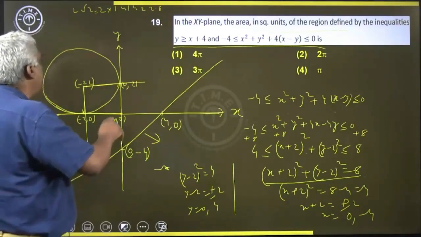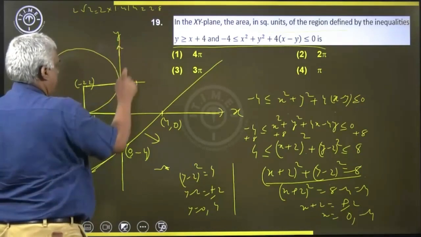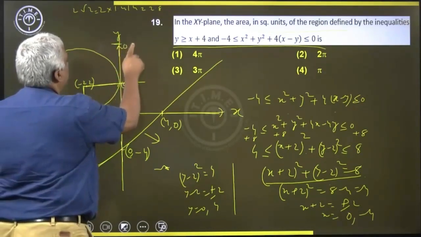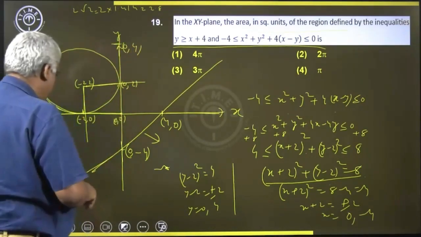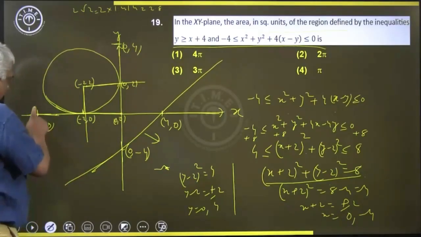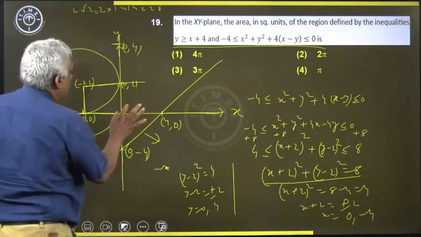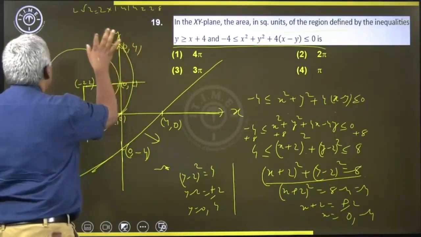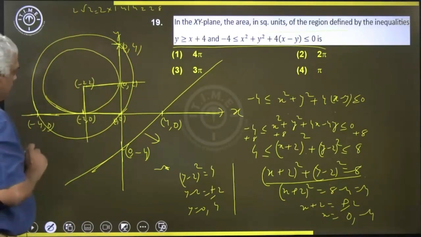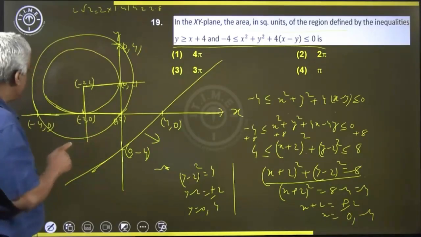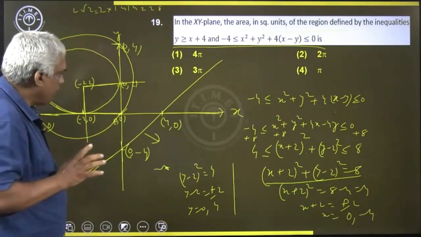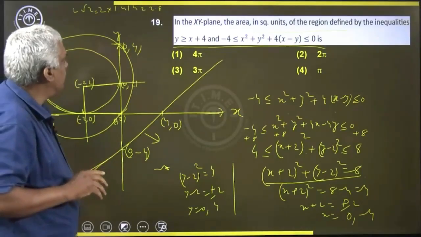So 0,4 will be somewhere here, 0 comma 4, right. The big circle is going like this, passing through this point, okay. So this region is, and the line is this, okay.